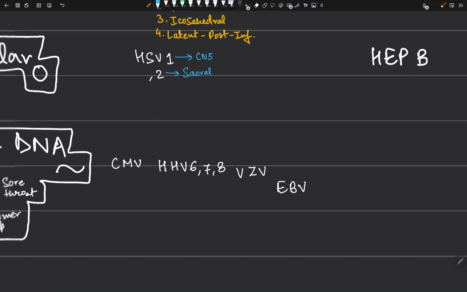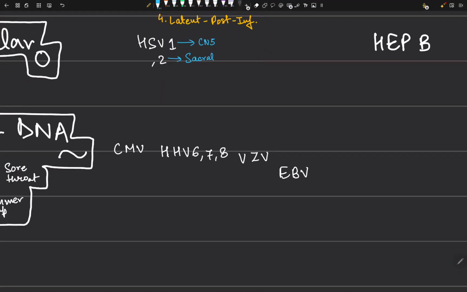Okay, now let's talk about Varicella zoster, right? VZV goes and hides where? VZV likes to hide in the dorsal root ganglion. Okay, dorsal root ganglion. So that's why we have this pain on rash.